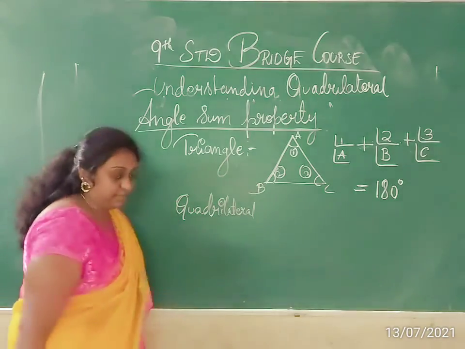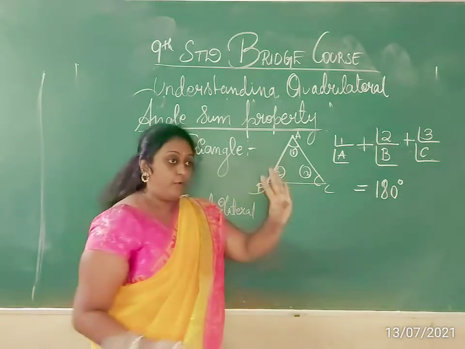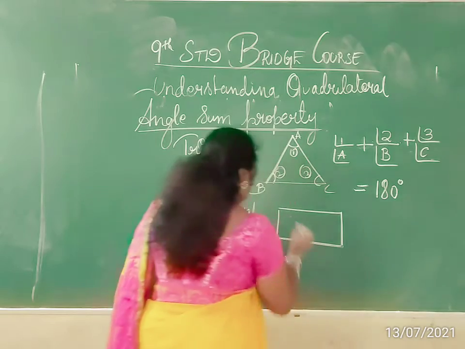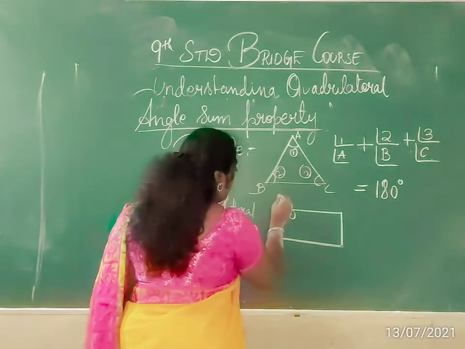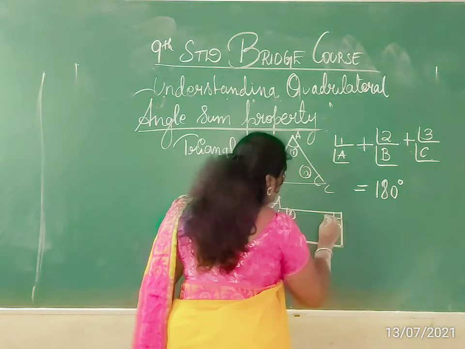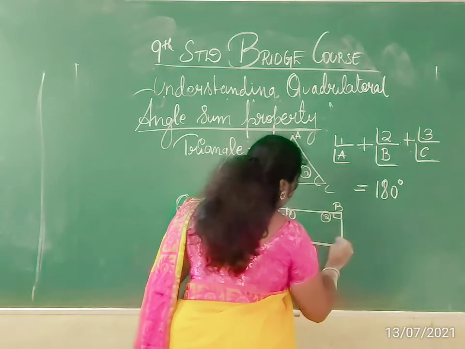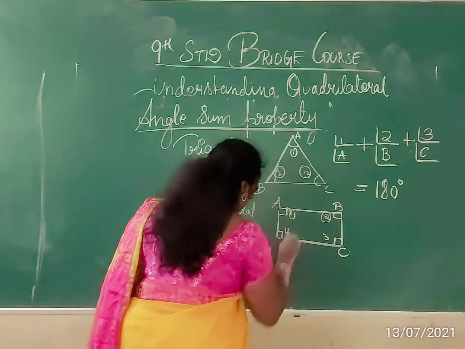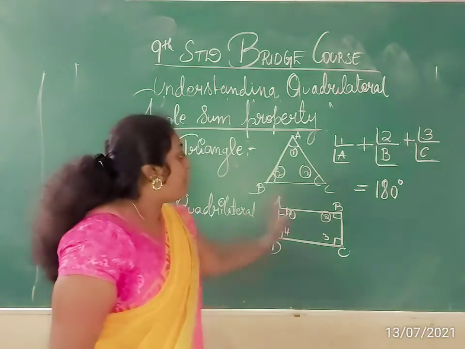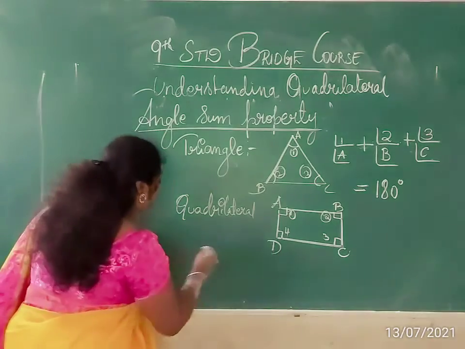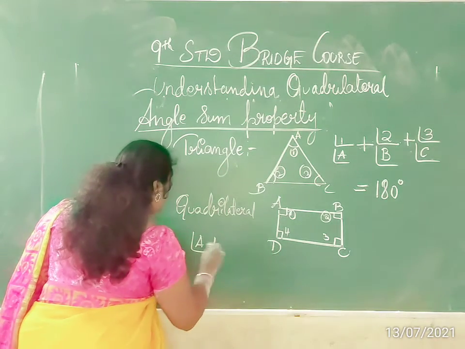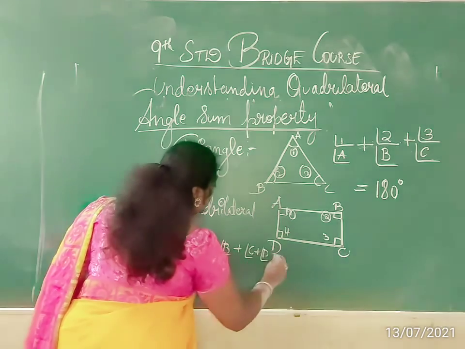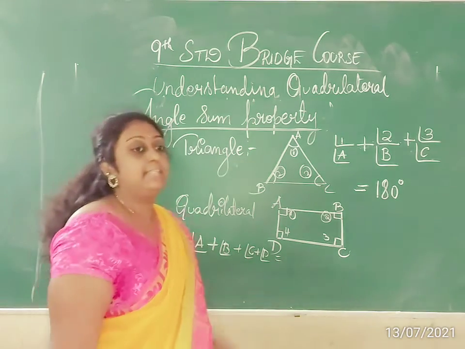Now listen here, a quadrilateral has 4 sides, isn't it? So how many angles? 1, that is your A, 2, that is your B, 3, that is C, and 4, that is your D. When you add up all these angles, I will write here angle A plus angle B plus angle C plus angle D. Now what will be my sum?